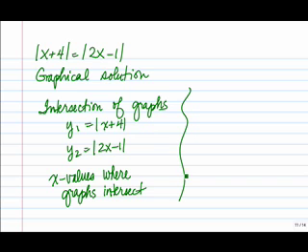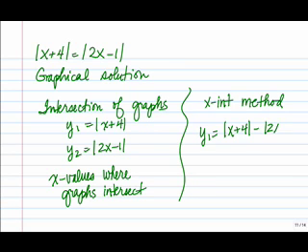The other method is the x-intercept or 0 method. In y1, we would enter absolute value of x plus 4 minus absolute value of 2x minus 1, and then just find the zeros of that function.